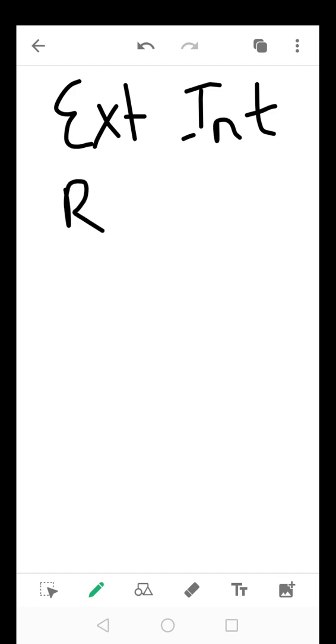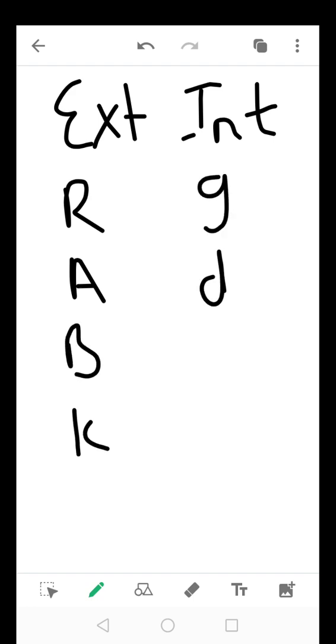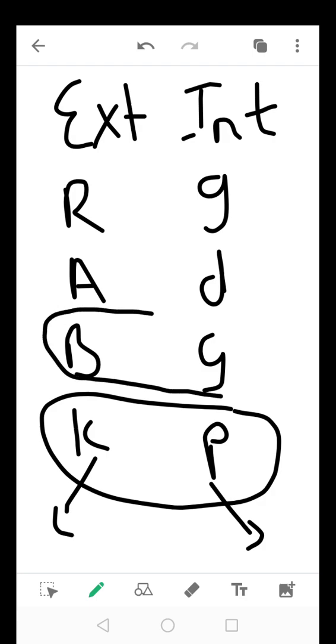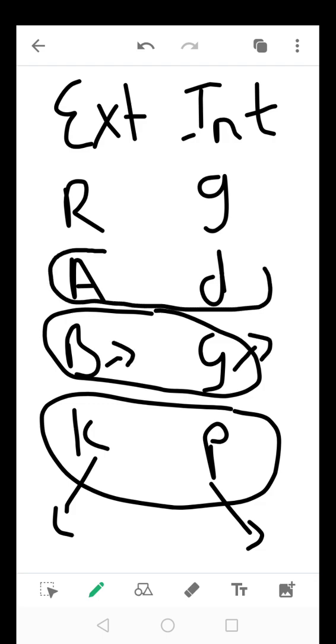So we use what we call R-A-B-K, then G-D-G-P. These rocks over here are ultramafic rocks. This means komatiite, and this means peridotite. These are the mafic rocks. This means basalt, this means gabbro, and then these are the intermediate rocks.